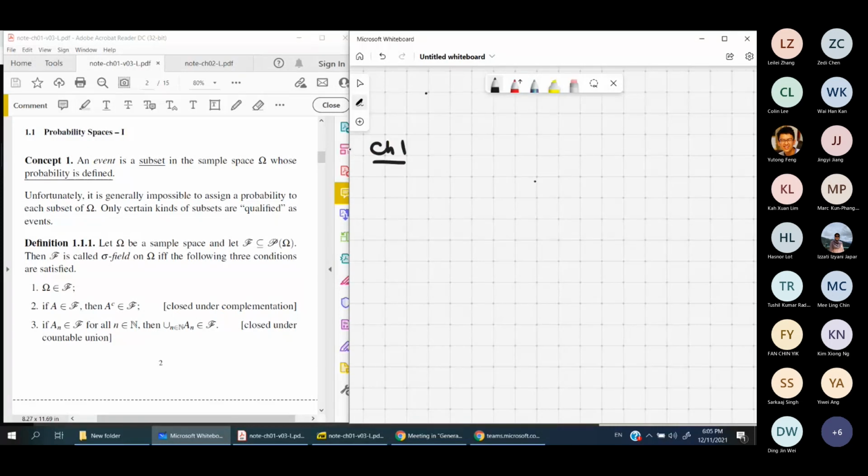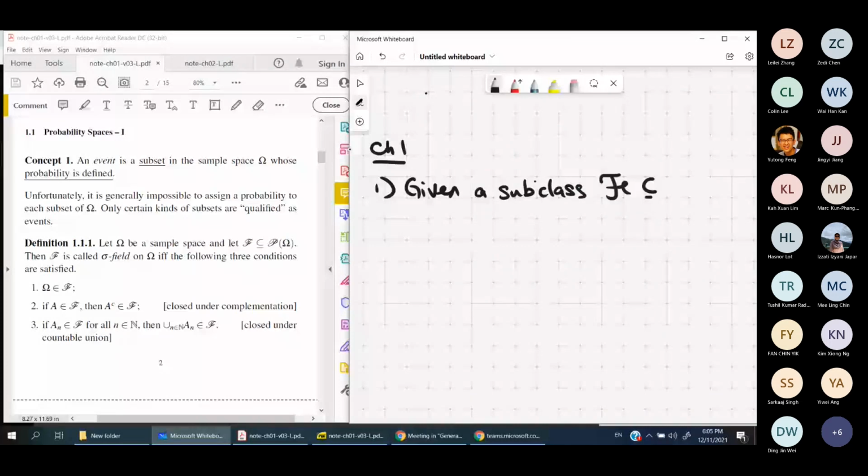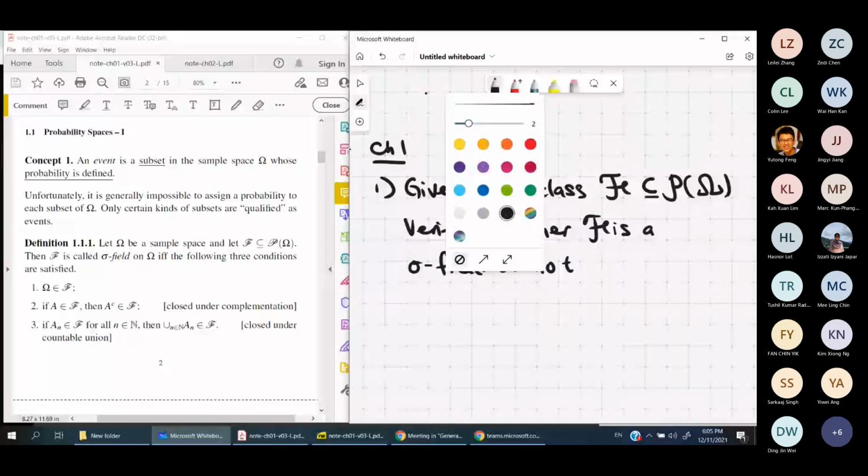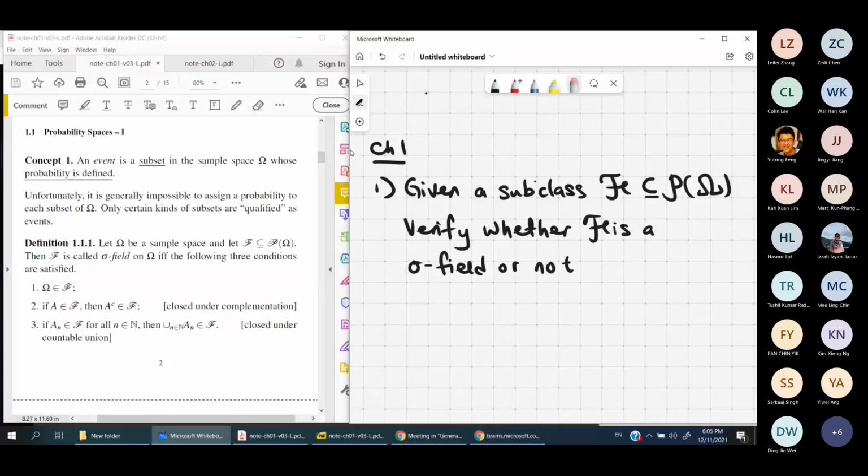Make sure you are able to, given a subclass F, which is a subset of omega, verify whether F is a sigma field or not.